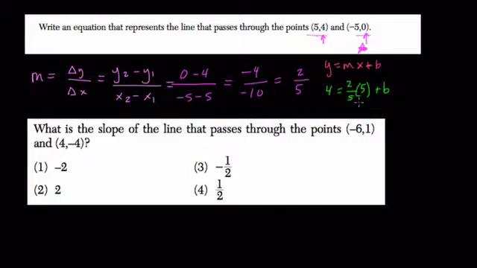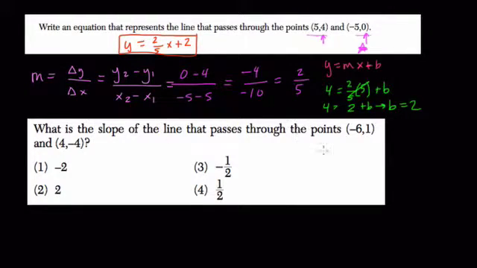So 2/5 of 5, that's just 2. The 5's cancel out. And 2 plus b equals 4. So subtract 2 from both sides, and we realize that b equals 2. So our equation will be y equals 2/5 x plus 2. That's our equation. Okay, next one.